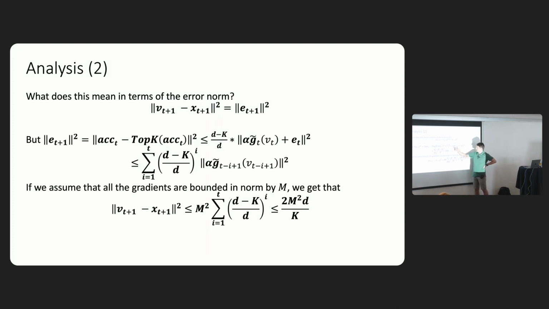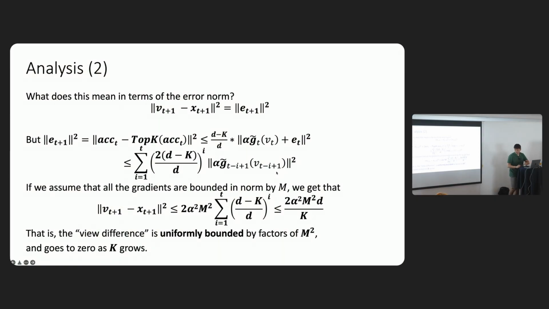So this is the norm of a plus b squared, which is less than or equal to 2 times the norm of a squared plus 2 times the norm of b squared. There's a 2 missing here. I'm sorry, you're right.